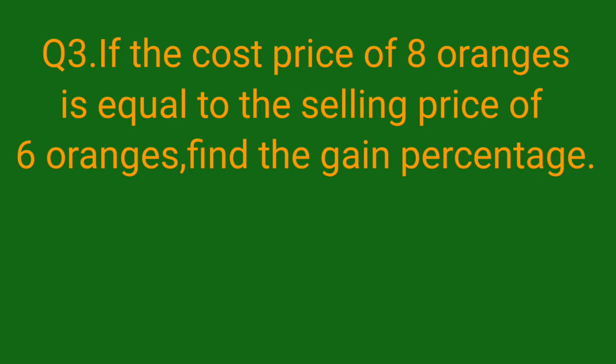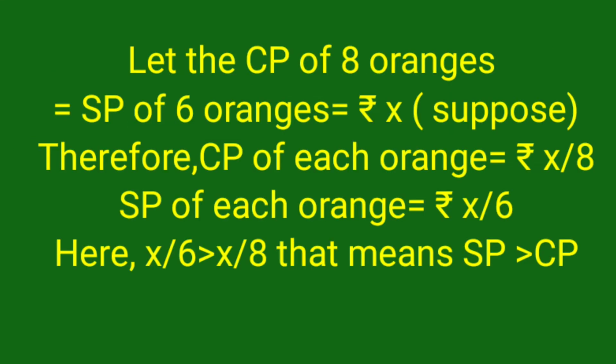Remember it. Question number 3. If the cost price of 8 oranges is equal to the selling price of 6 oranges, find the gain percentage. Very interesting sum. Let the CP of 8 oranges equal the SP of 6 oranges equal rupees X. It is supposed, okay.